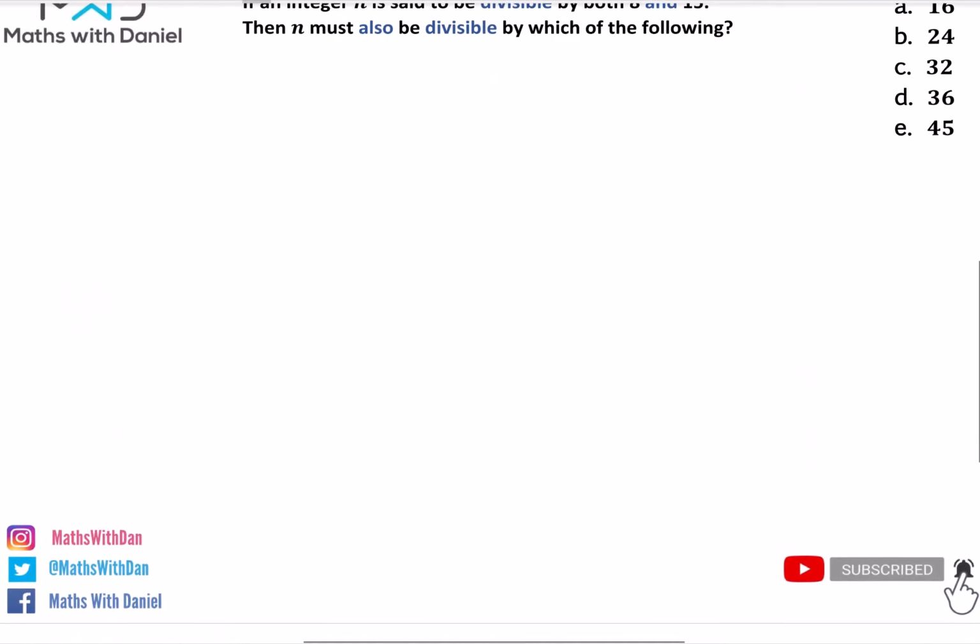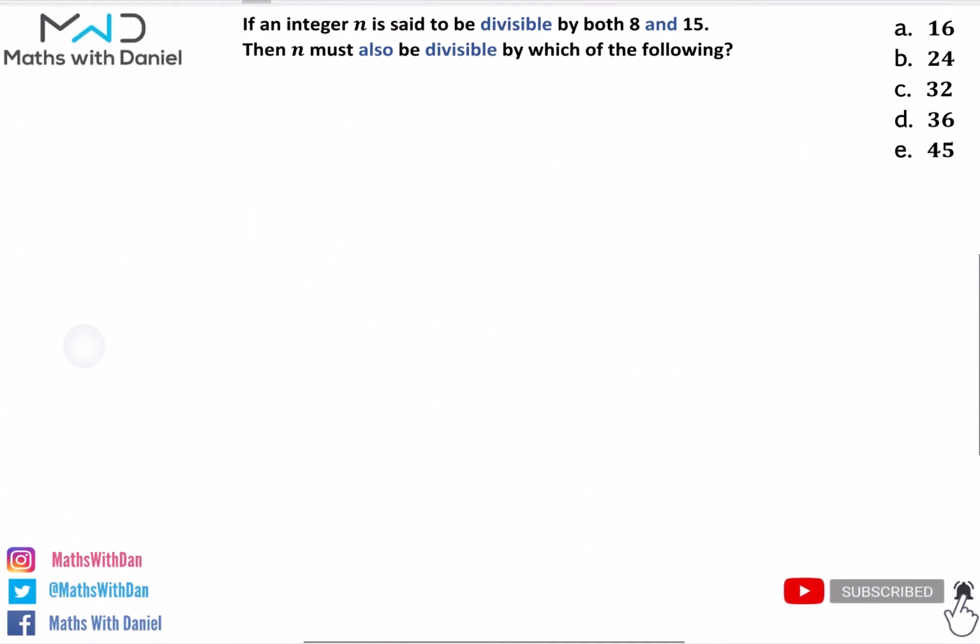Okay, so now we know that 120 is equal to 2 cubed times 3 times 5, and the number that is also divisible by n would have to be made up of these prime factors. There's no other choice.